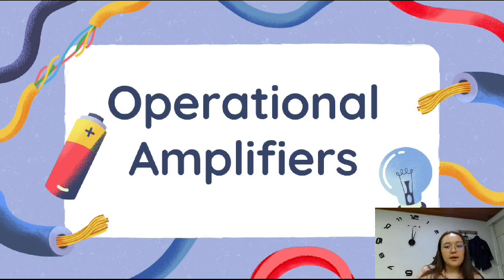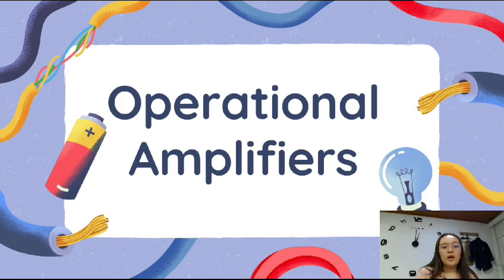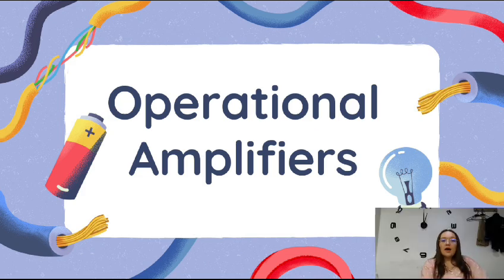In this session, we will explore what an operational amplifier is, its main characteristics, and the inverting and non-inverting configurations. In addition, we will not only discuss the theory, but also perform step-by-step simulations and examine the results. Let's get started.